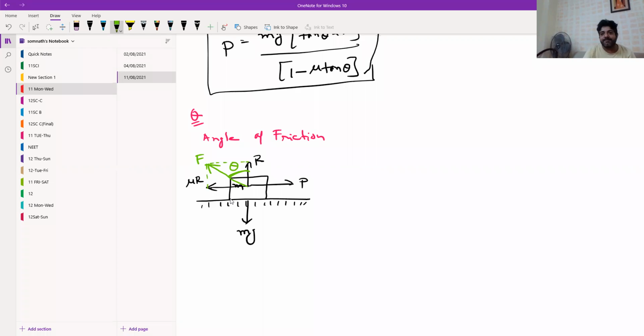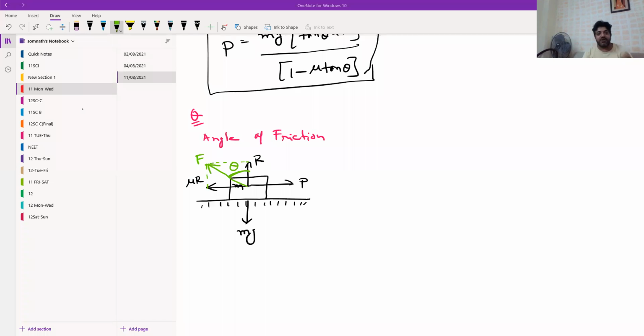Again I am saying, what is the angle of friction? Angle of friction is the resultant force of the normal reaction and frictional force, which makes an angle theta with the normal reaction. I just want to read the definition.